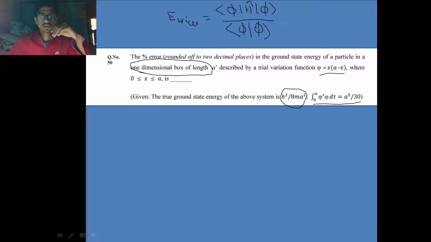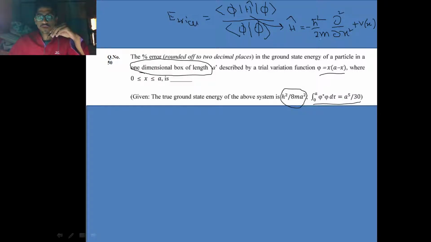What is the Hamiltonian for a one-dimensional box? The Hamiltonian for a one-dimensional box is equal to minus h cut square by 2m into del square by del x square plus V(x).